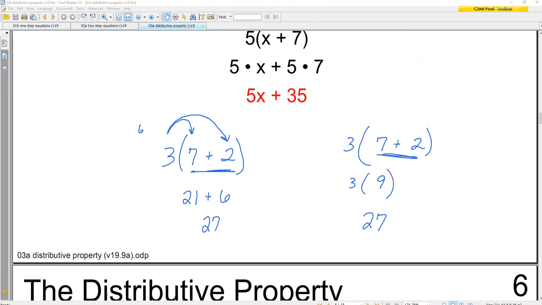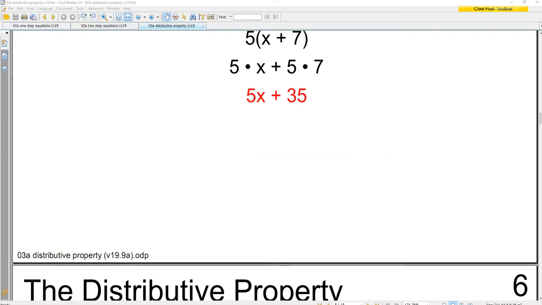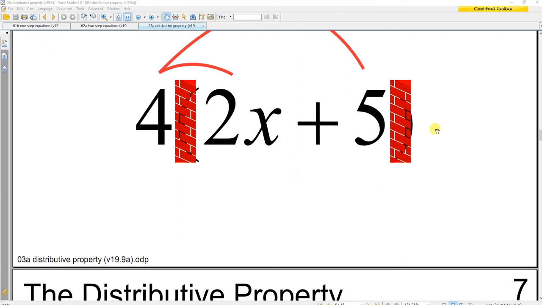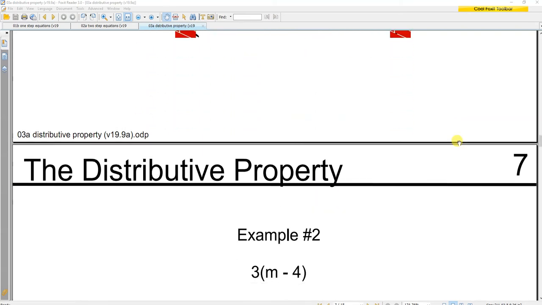Now, this distribution that I just showed you is actually something that you've learned in other classes. What I really need you to be able to do is distribute fractions. Okay, so here, distribution, this would become 8x plus 20.